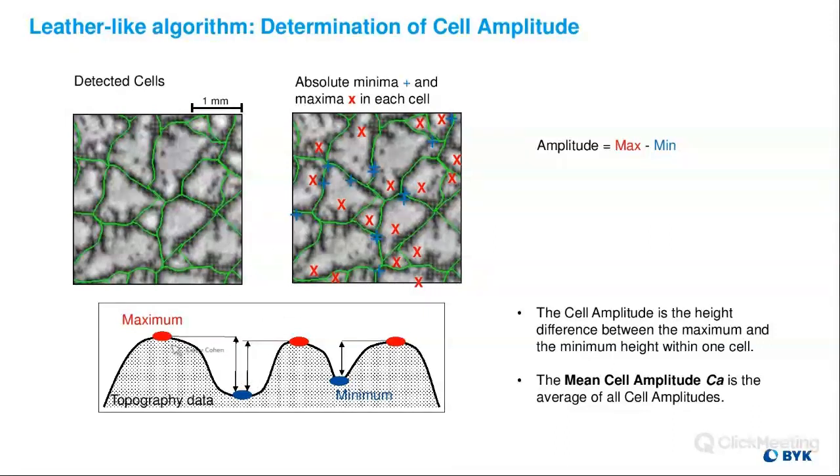So the highest parts are indicated with these X's in this image, and the lowest parts are indicated with these blue pluses. And so it calculates the amplitude of each individual cell by taking the difference between the local maximum and the closest neighboring local minimum, and then averages that difference across the entire picture for all of the cells in order to get the mean cell amplitude.